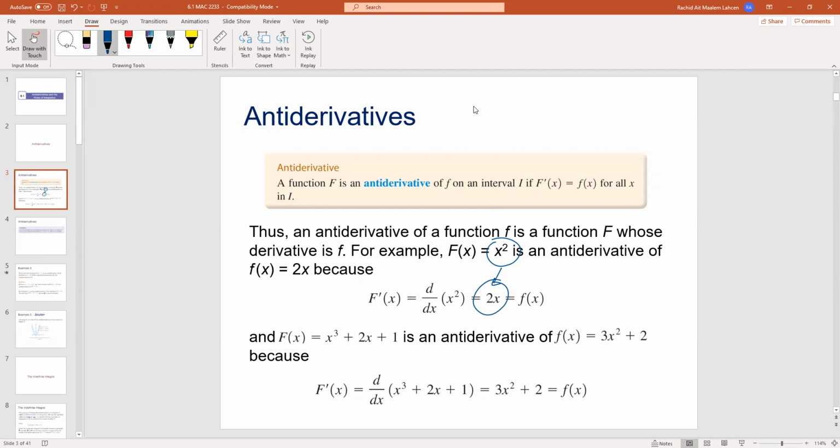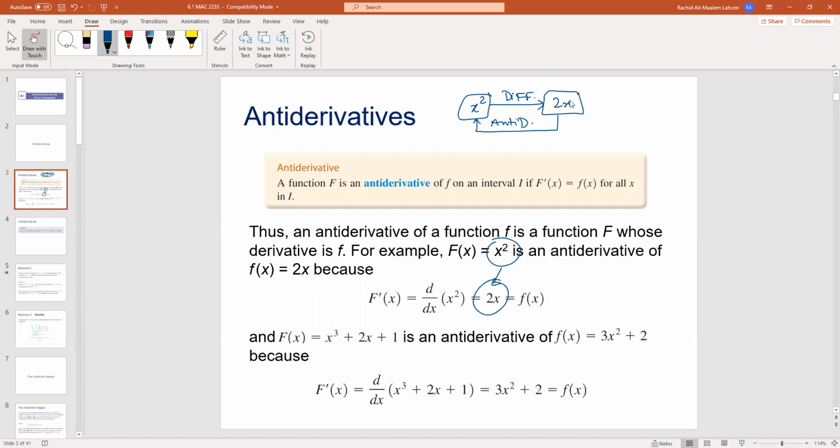So before, if you have x squared, you differentiate and you find 2x. Now, when you do the reverse of the derivative, you're going to find x squared.